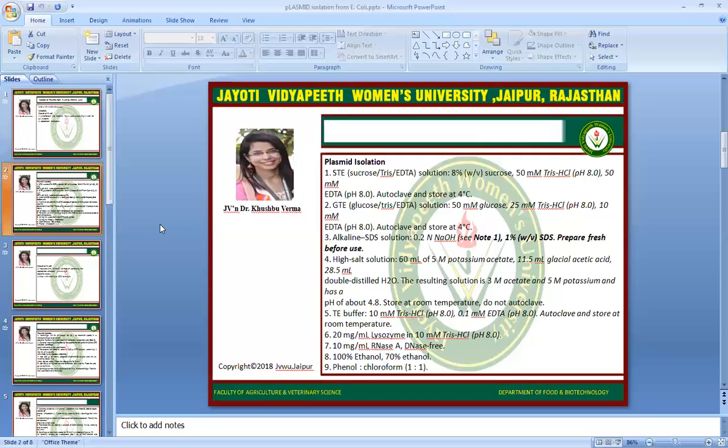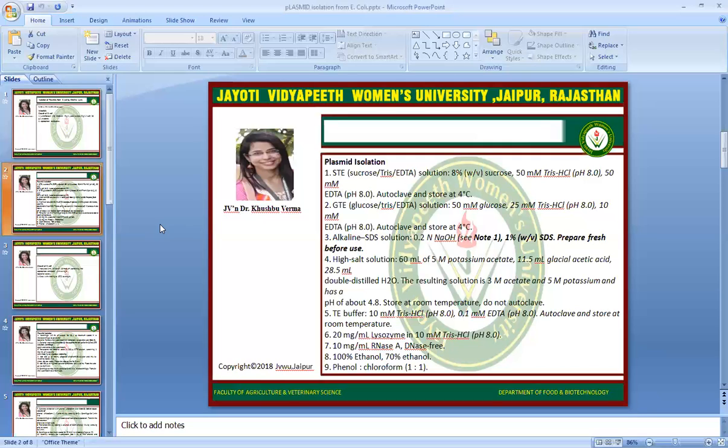Fourth is high salt solution, which has 60 ml of 5 molar potassium acetate, 11.5 ml glacial acetic acid, 28.5 ml double distilled water, and the resulting solution is 3 molar acetate and 5 molar potassium and has a pH of about 4.8. Store it at room temperature and do not autoclave.